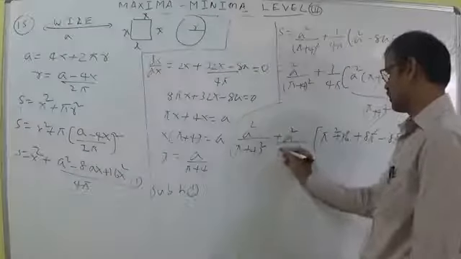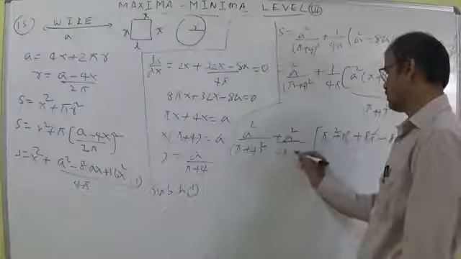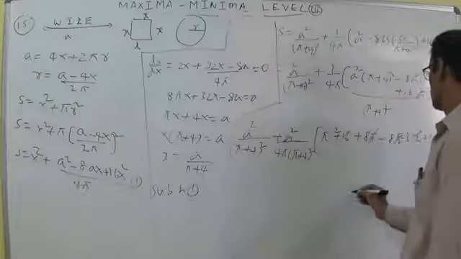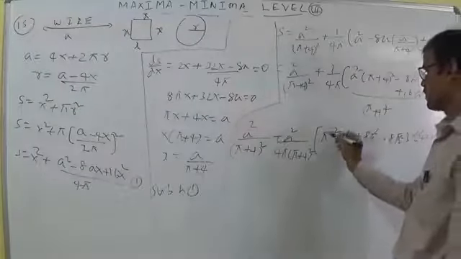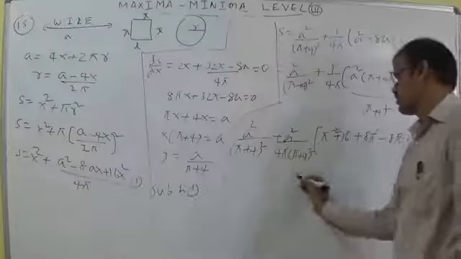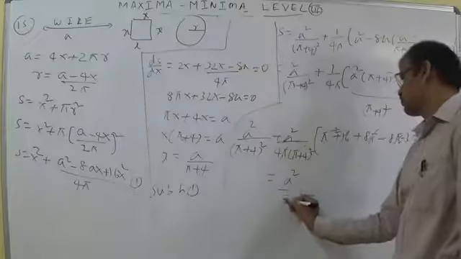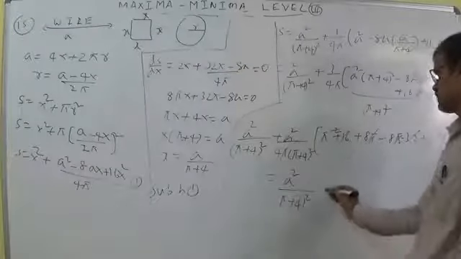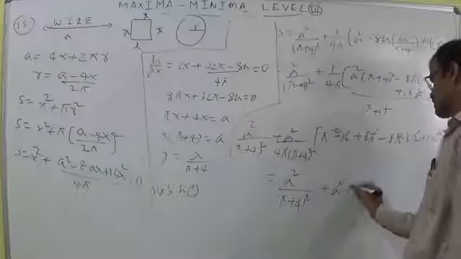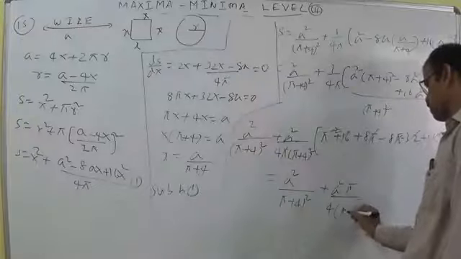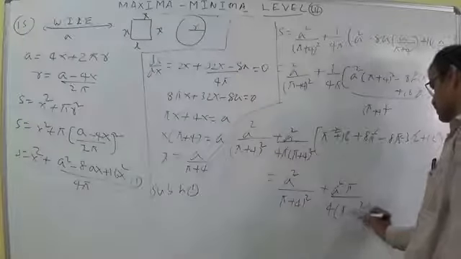I am writing properly here, 4 pi into (pi plus 4) whole square. Here pi square, this pi will get cancelled. We got a square pi by 4 into (pi plus 4) whole square.